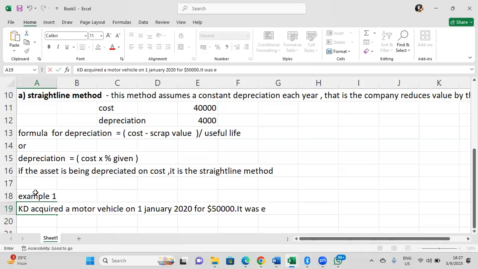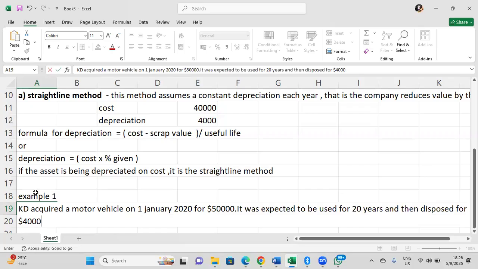It was expected to be used for 20 years and then disposed for 4,000. What is the depreciation for each year?